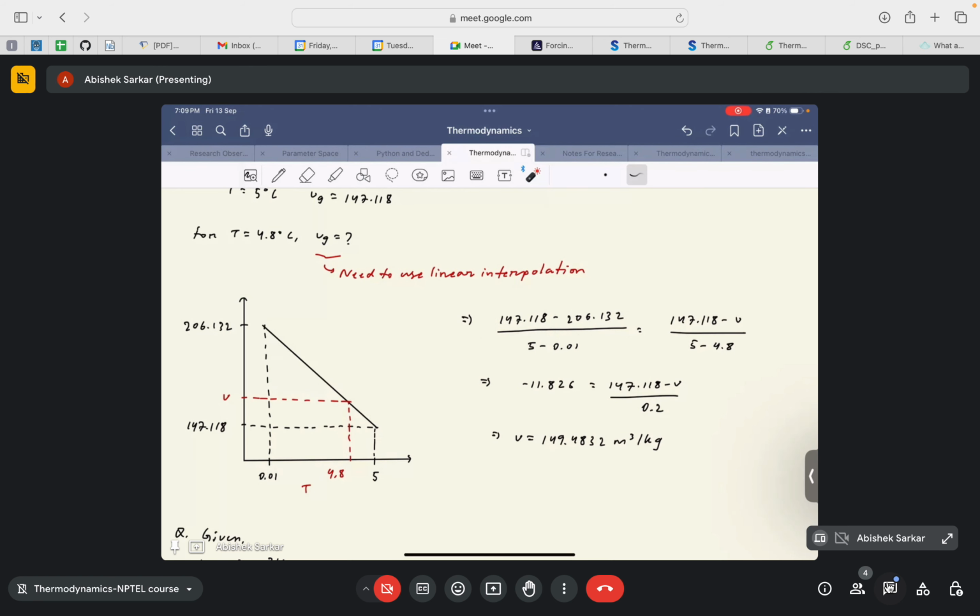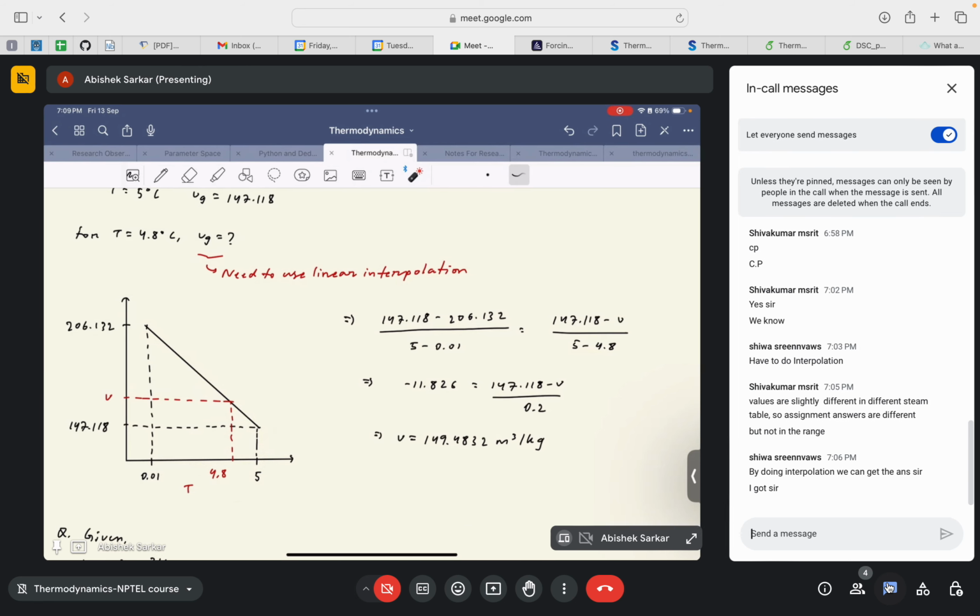For my choice, I have taken this line, but you can take this line as well, there is no issue with that. So we have 147.118 minus V equal to 5 minus 4.8. Once you do the calculations, you will find that the specific volume V is equal to 149.4832 in my case. Of course there will be slight changes in decimal values, but I hope that is agreeable.